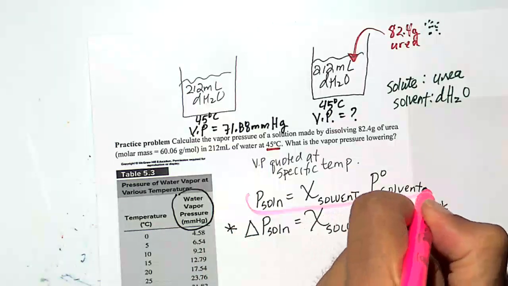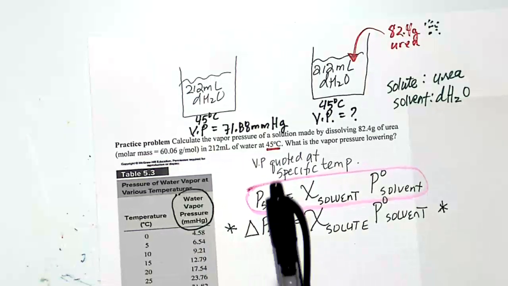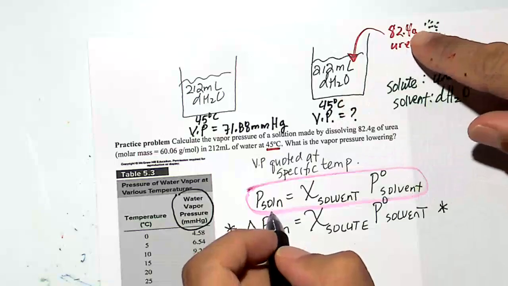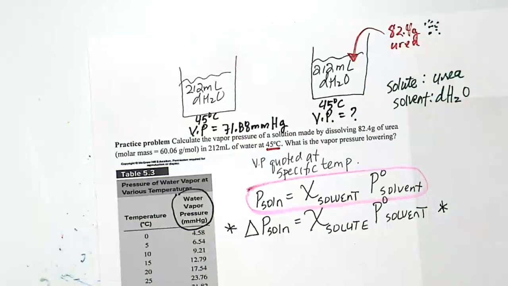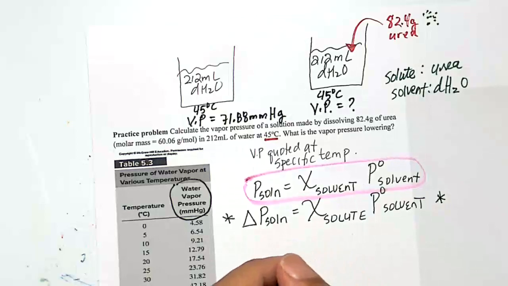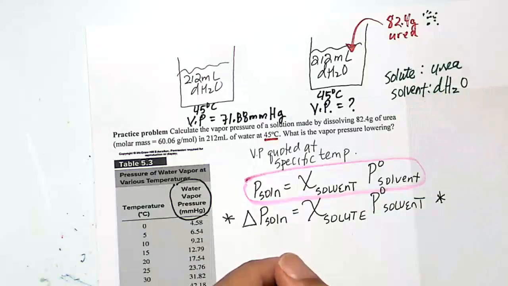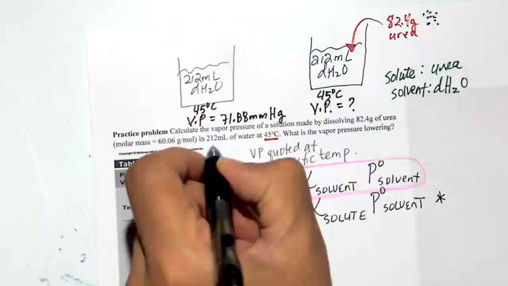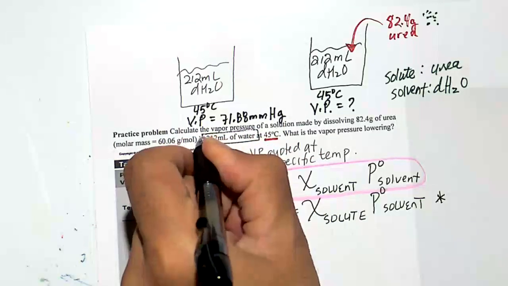So now let's just plug and play. This is what we want to find, the solution, because we added our solute to our solvent. So the moles of the solvent, water: 212 milliliters of water.